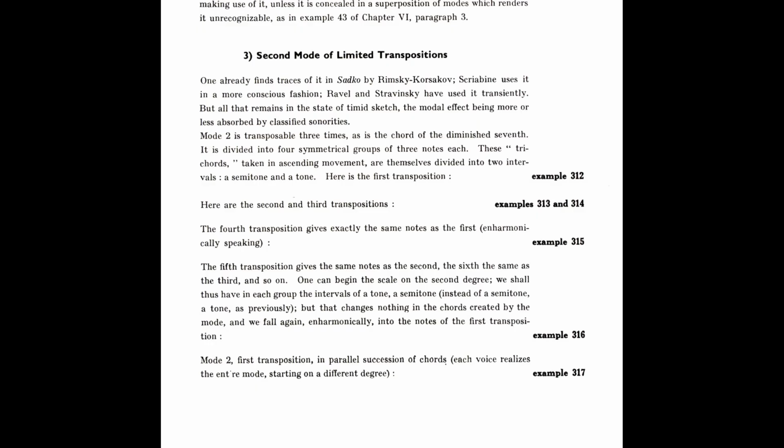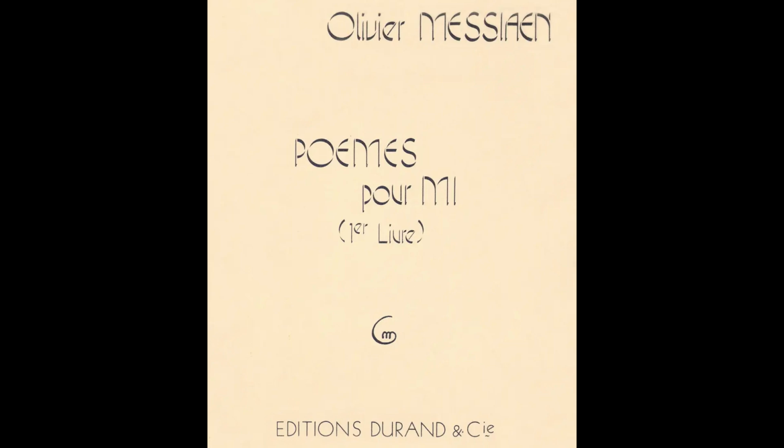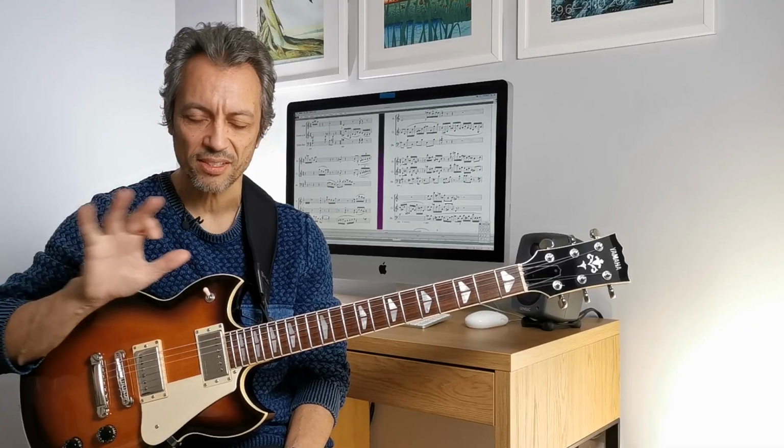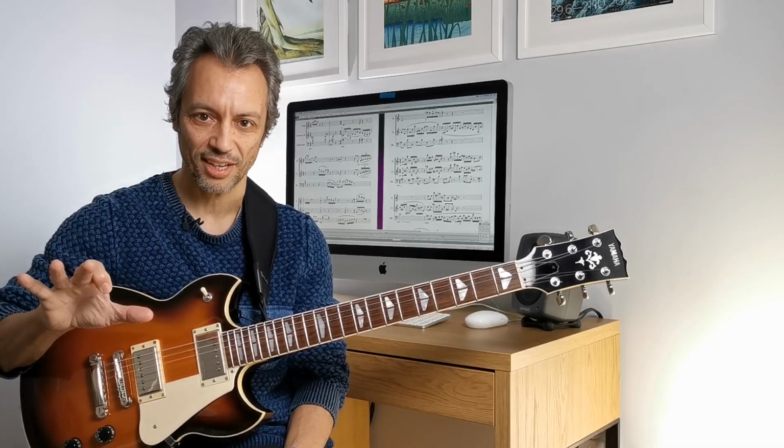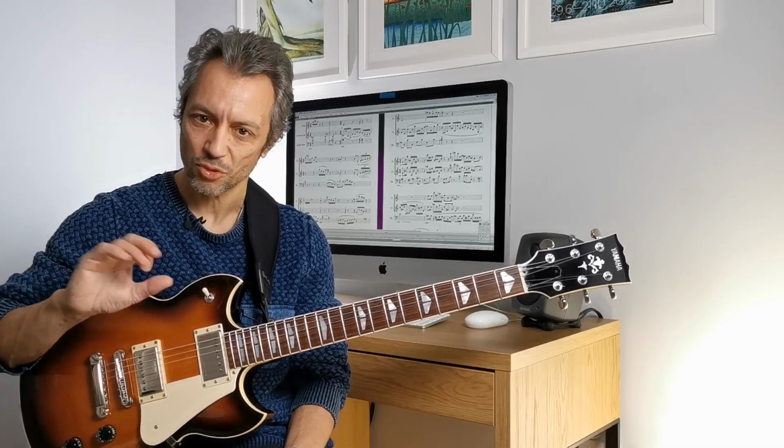Within these modes of limited transposition, we find the octatonic collection. This is the second mode. These modes were used as a compositional resource. One of my favorite Messiaen compositions is Poèmes pour Mi, which consists of a collection of poems set to music. The pieces are riddled with the octatonic scale, but it's done in such a creative way.